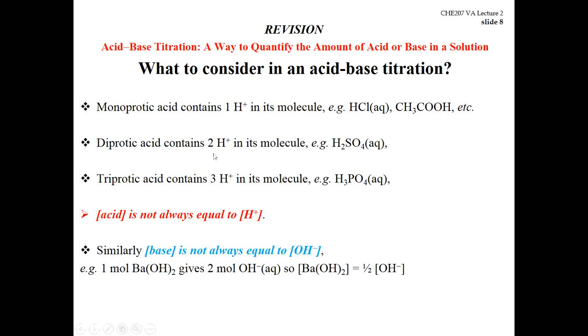Diprotic acid contains 2 H+ in 1 mole of acid. For example, 1 mole of sulfuric acid gives us 2 mole of H+. Similarly, a triprotic acid contains 3 H+ in its molecules. Look at the example of phosphoric acid. The formula is H3PO4, so we can see that 1 molecule of H3PO4 gives us 3 H+.